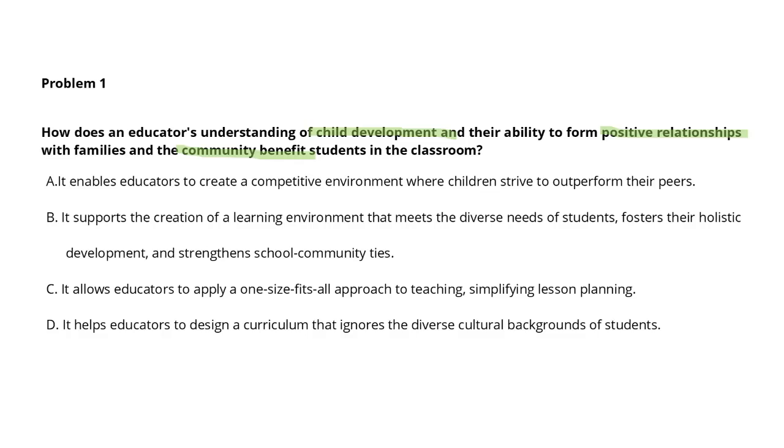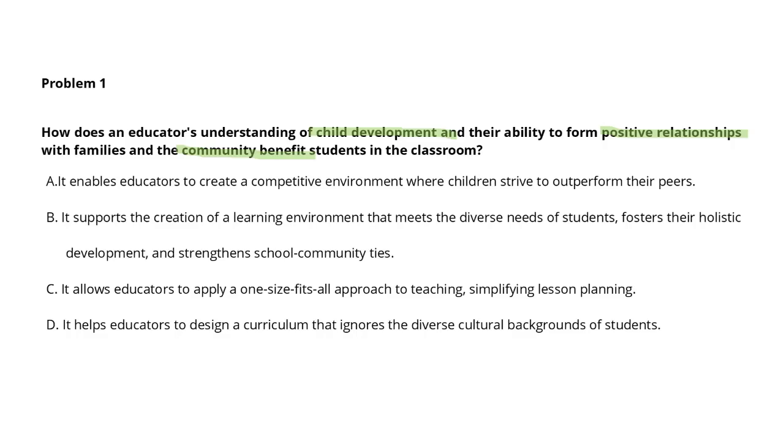Answer choice B says, it supports the creation of a learning environment that meets the diverse needs of students, fosters their holistic development, and strengthens school community ties. While understanding child development allows educators to recognize the unique learning needs, interests, and developmental stages of each child. By tailoring educational experiences to these individual characteristics, teachers can then better support each child's holistic growth, including social, emotional, cognitive, and physical development.